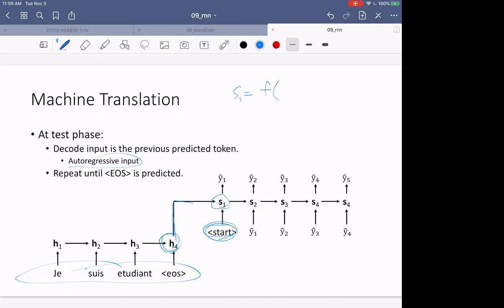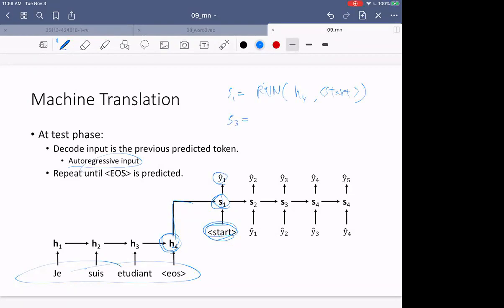If we are to use a vanilla RNN, S1 is RNN given H4 and start. Based on S1, you put a softmax layer on top of S1 and then make a prediction, Y1 hat.